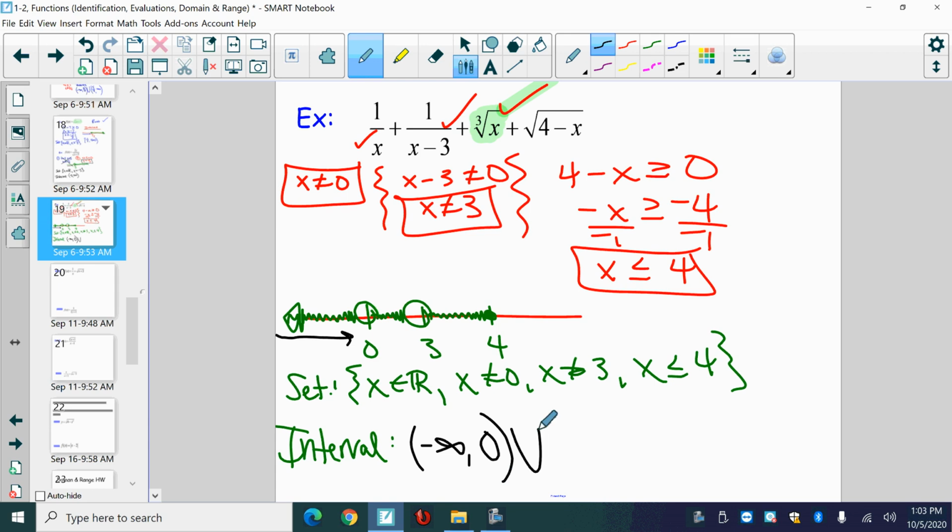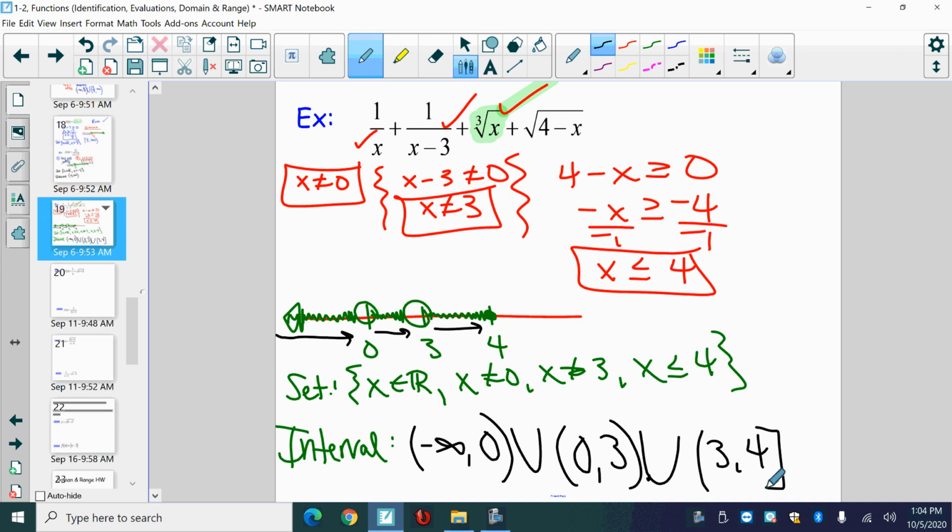Then I put a U for union, and then I pick back up at 0, and then I go all the way to the number 3, and that has an open dot in it, so I put a parenthesis. And then I'm going to put a U, then I'm going to pick back up at 3, and then I'm going to go all the way to the number 4, but I'm going to have a bracket there because it is closed. Okay? So that's set notation and interval notation for that.